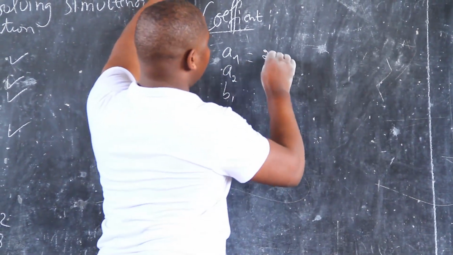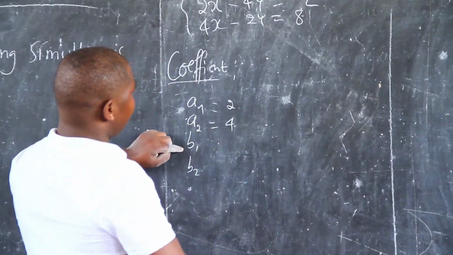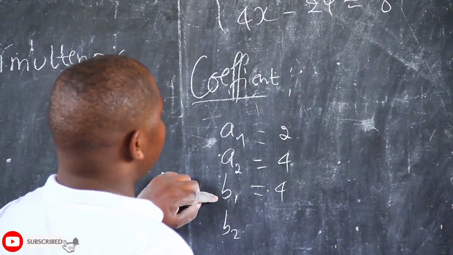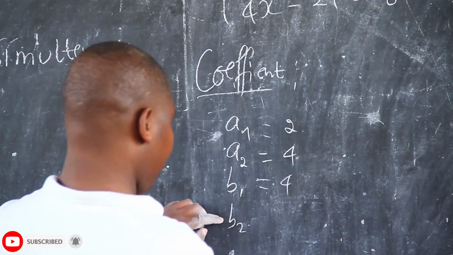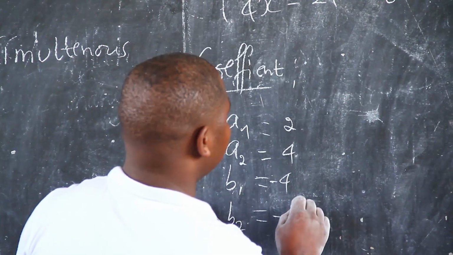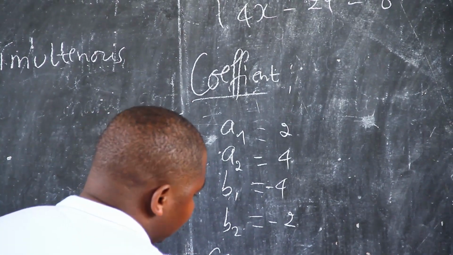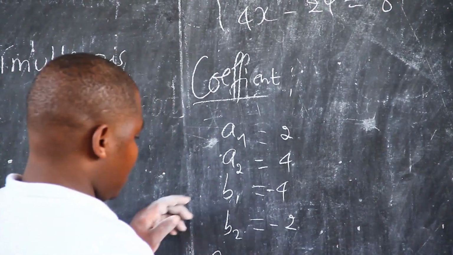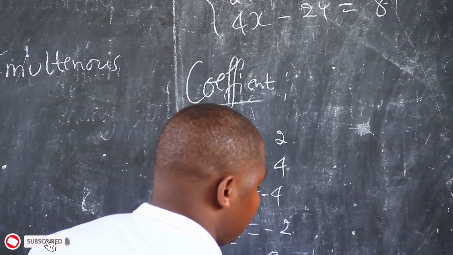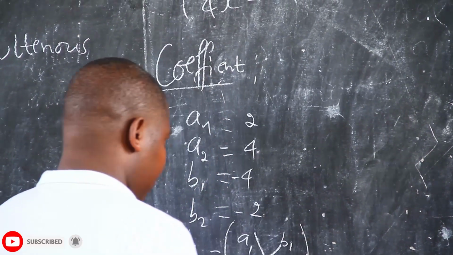A1 equal 2, and A2 equal 4. B1 equal negative 4, and B2 equal negative 2. The determinant is built from A1, A2, B1, B2. Then you multiply across.